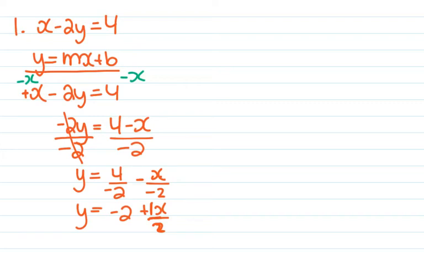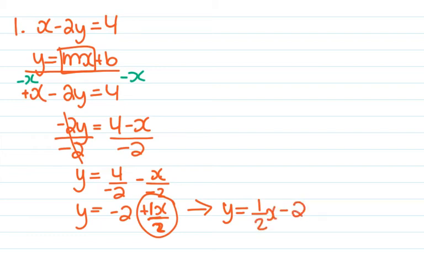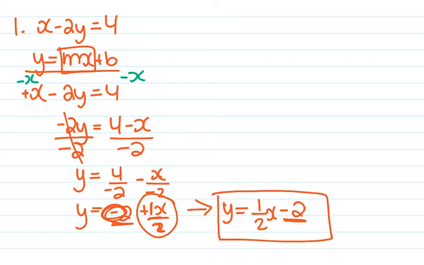Now, it's not quite in y equals mx plus b form yet because the mx has to come first. So that leaves us with y equals 1/2 x minus 2. The 2 is negative because it has a minus in front of it, okay? All right, so my equation is y equals 1/2 x minus 2. My slope now is m, which is 1/2.